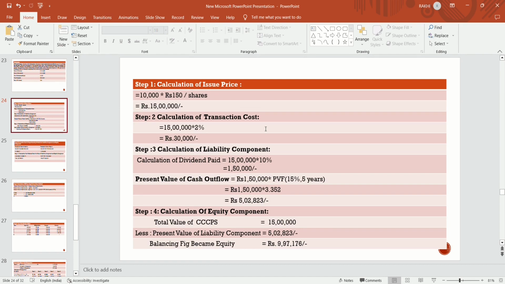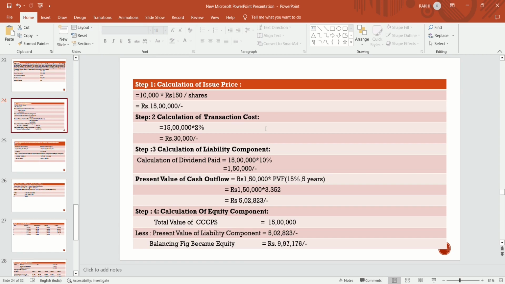So the present value of cash outflow for the entity becomes 1,50,000 into present value factor at the rate 15%, because the market rate without conversion option of such instrument is 15%, so it should be discounted at that rate for 5 years. So total present value factor for 5 years becomes 3.352.